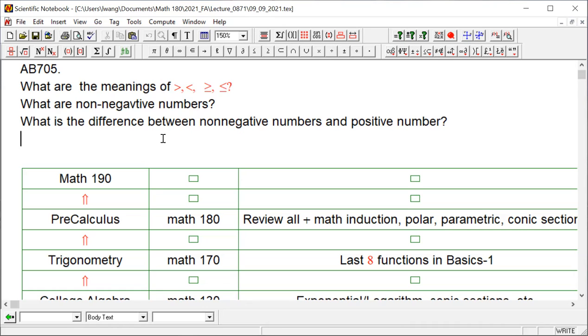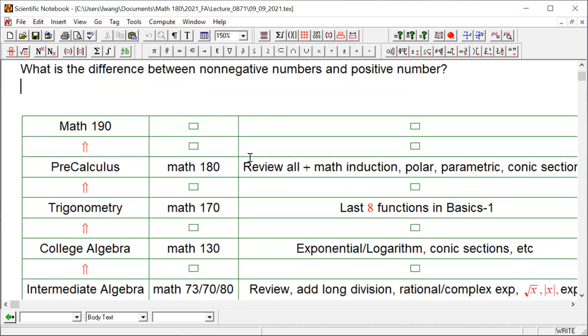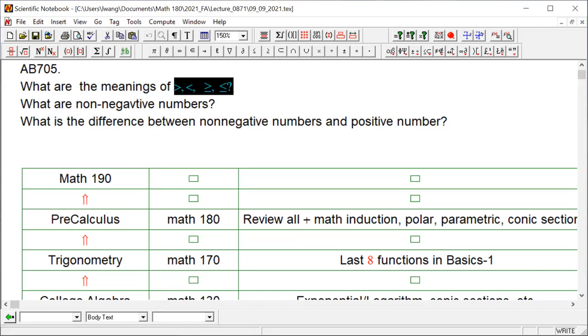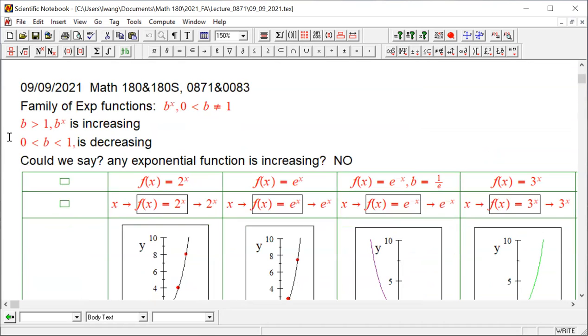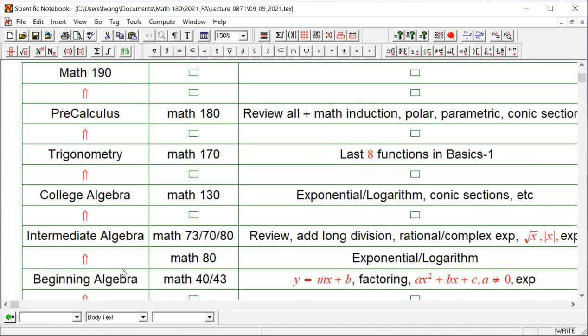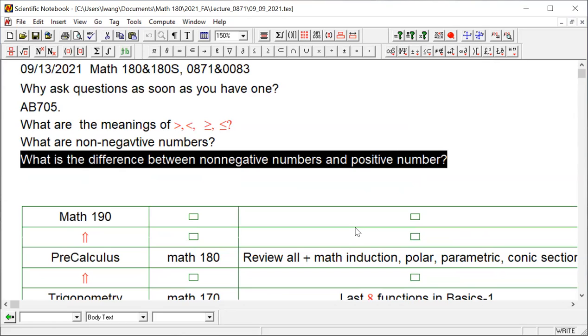These concepts were addressed at the beginning algebra level, but you may not know that, and that's okay. During the lecture, if you catch any word you don't understand, please ask me to clarify.